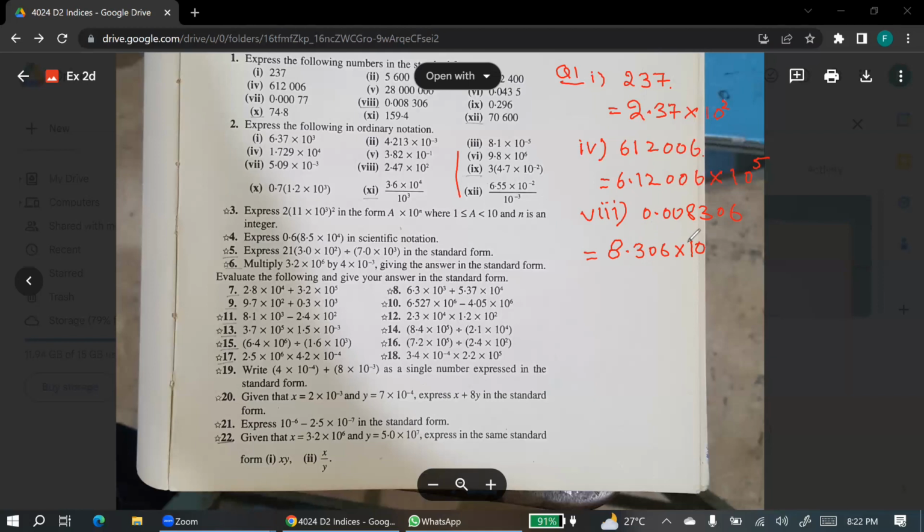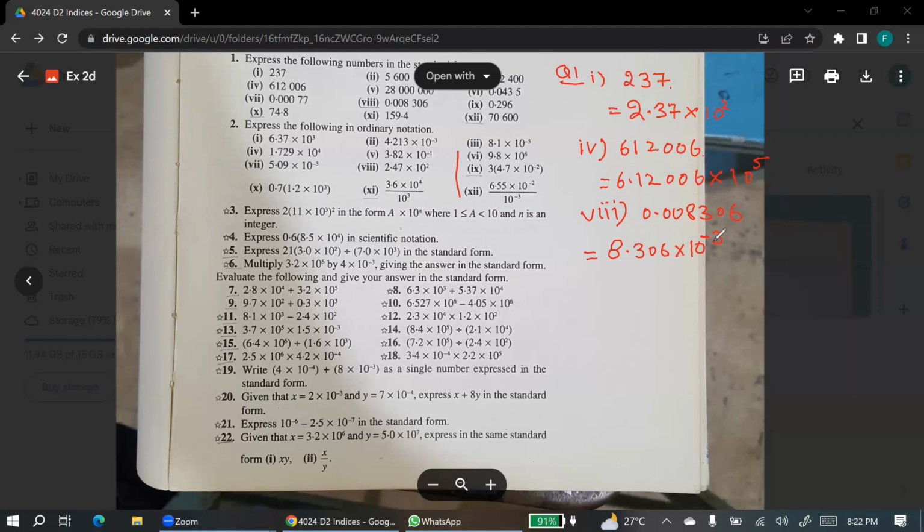Yes. To adjust this number, we will put a negative power of 10 or positive power of 10? Negative. Yes, negative. If the new number is greater, we will put the negative power. If the new number is smaller, we will put a positive power to compensate. Now we have moved 3 digits, so -3.